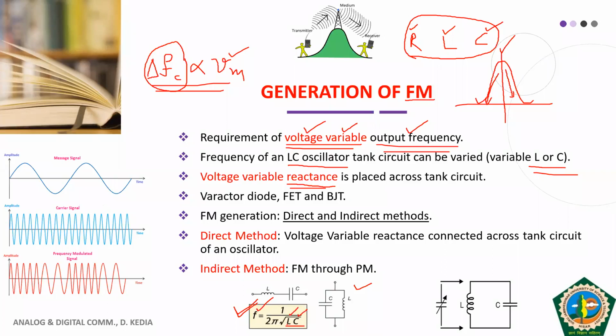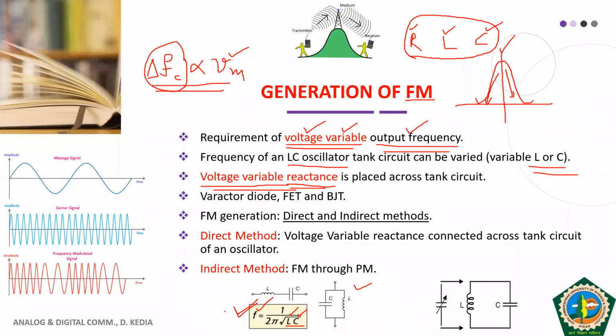Resistance is an integral part of any circuit. Even if you say that there is no resistance, resistance will always be there. So it means reactance is an integral part of that circuit. As I told you, we want a voltage variable output frequency. So in order to get a voltage variable output frequency, we need a voltage variable reactance. Okay, voltage variable reactance. And why am I saying voltage variable reactance?